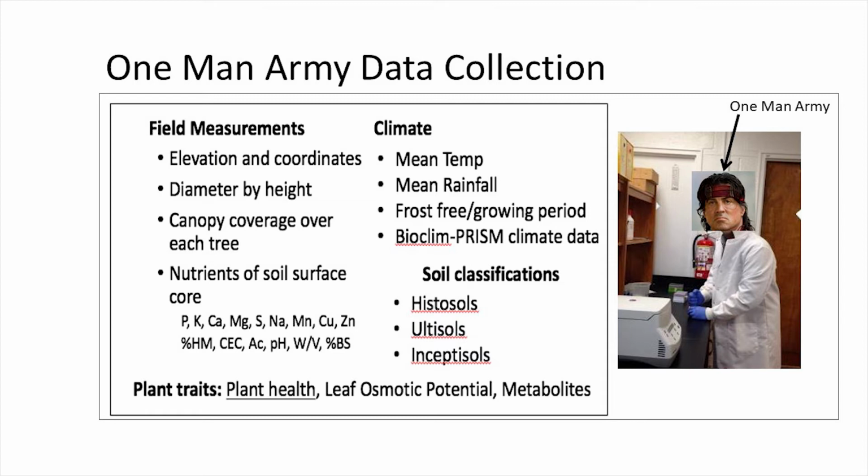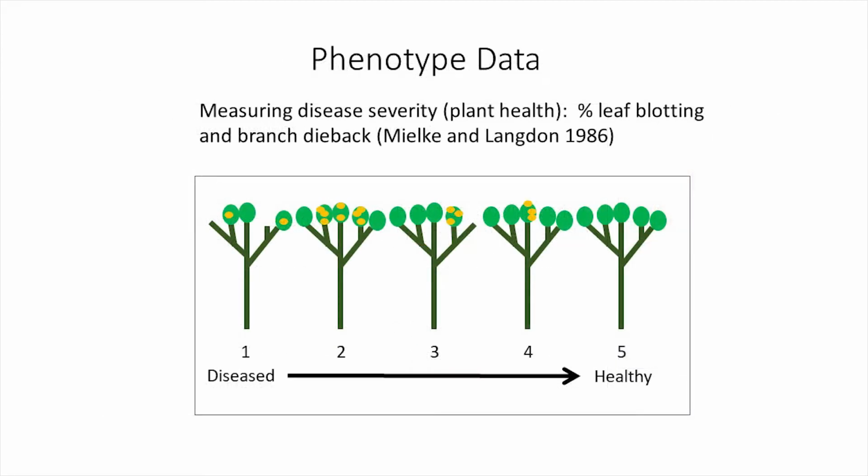And there are other things such as measuring chemicals in the leaves and measuring plant health. So I was trained with forestry health monitors to first visually inspect trees to see what percentage of their canopy was diseased, where scores of 1 are basically they're dead, there's a lot of branch dieback and blotting and necrosis, and trees that have a score of 5 are pretty happy.